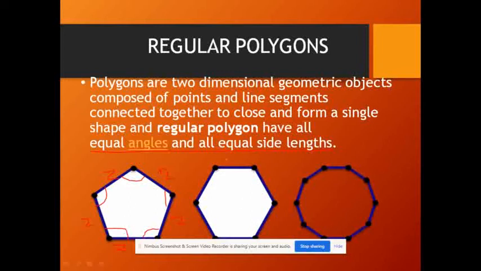Then look at this figure. If all the sides are 1, it means this also comes under regular polygon. Look at this figure. You can consider the sides of this as regular polygon because all its side measurement is 1 centimeter. So these three come under regular polygon.